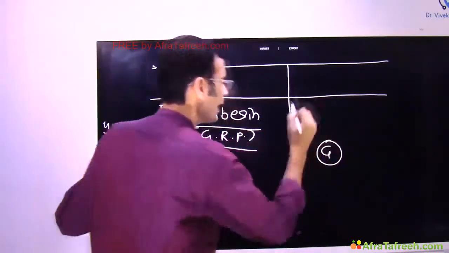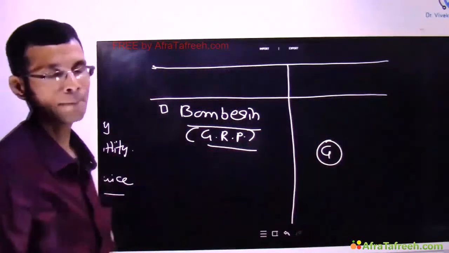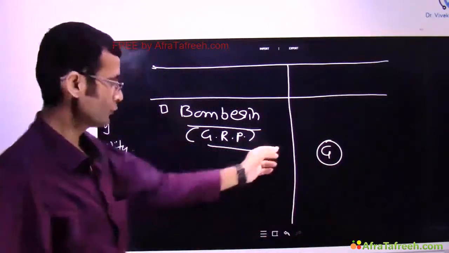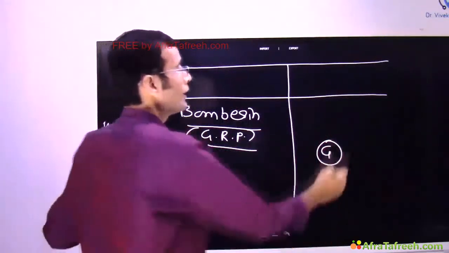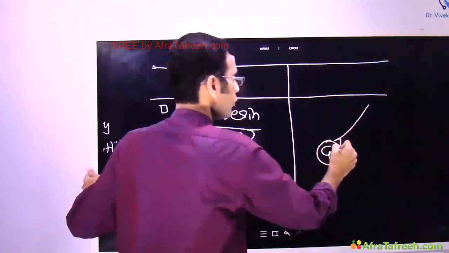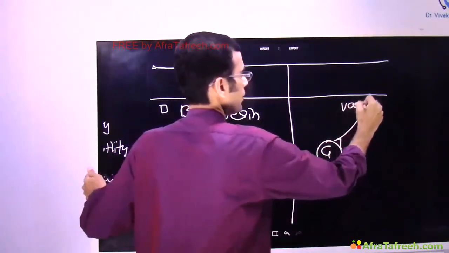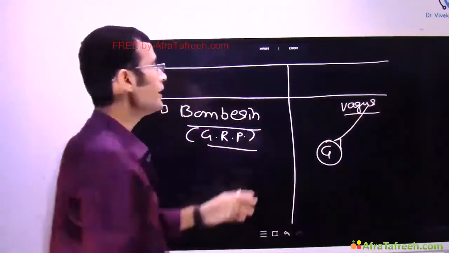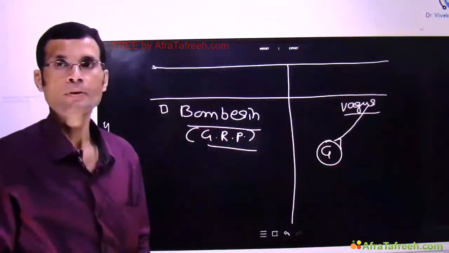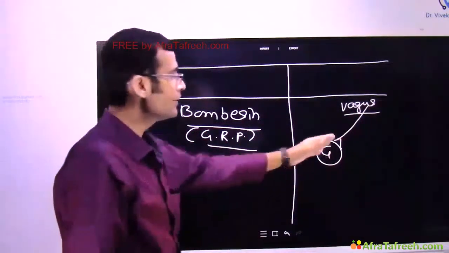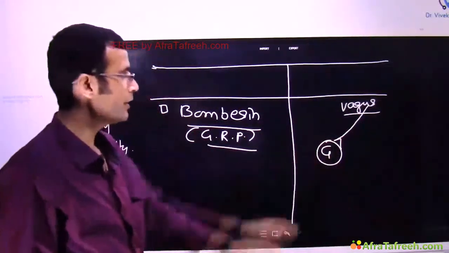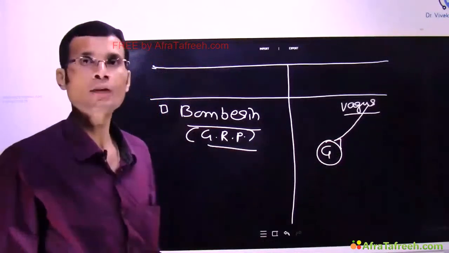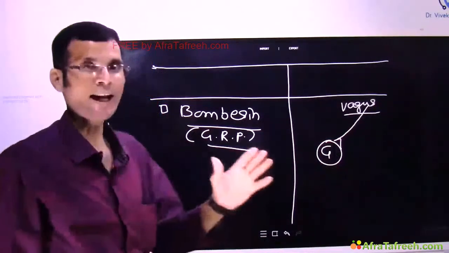This is a G cell in the pylorus. Now this G cell is going to secrete gastrin. It has got the innervation of vagus. Vagus innervates the G cells. And these vagal nerve endings on the G cell, what is their neurotransmitter? Is that acetylcholine?